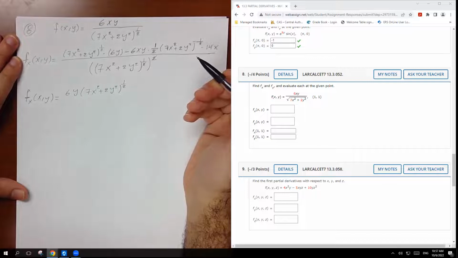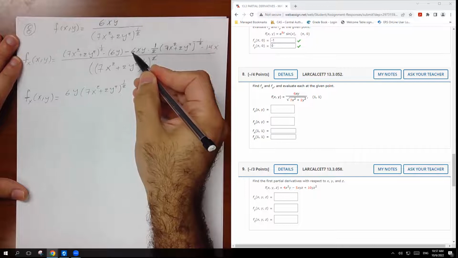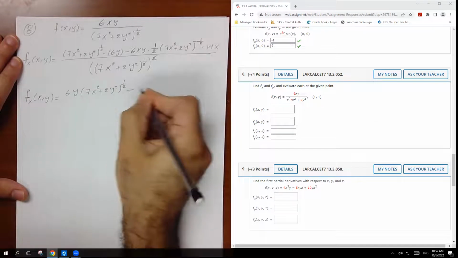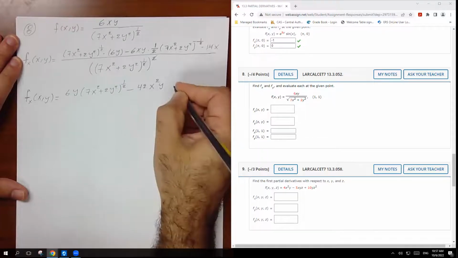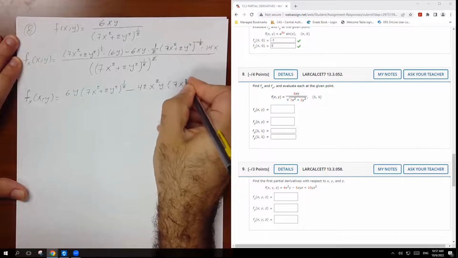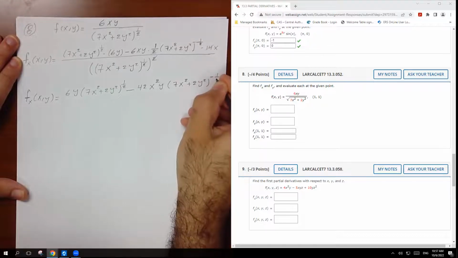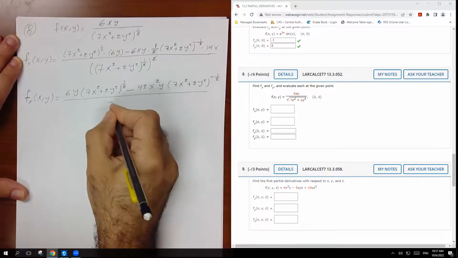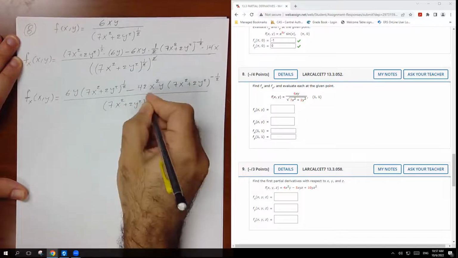So it's going to be 7 and 7 here times 6, which is 42, x squared y, minus 42 x squared y, and here it is going to be (7x squared plus 2y squared) to the negative half. And everything is divided by 7x squared plus 2y squared to the exponent 1 now.